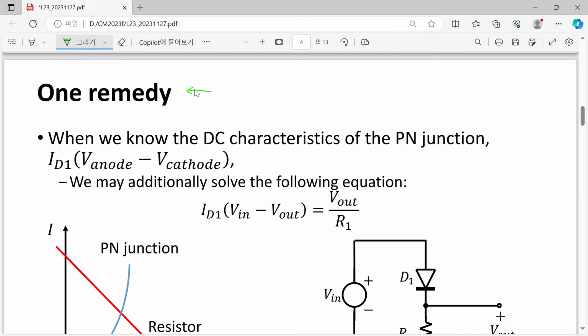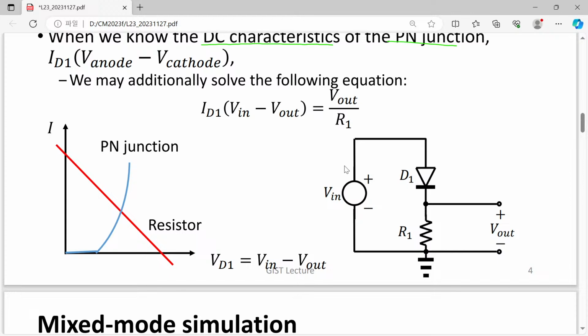One remedy is, once they know the DC characteristics of the PN junction, they understand this one is an exponential function. After that, they apply Kirchhoff's current law to this node.